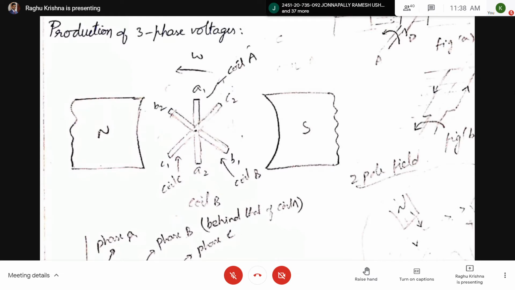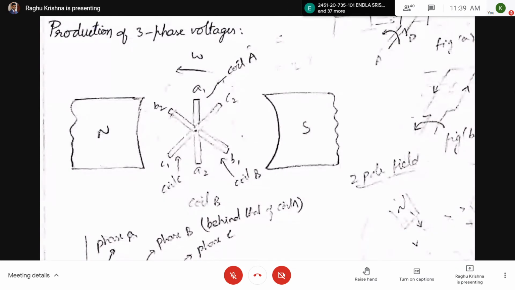For production of three-phase voltages, you require three coils, and the three coils are 120 degrees apart. If you see here, A1, A2 is one coil, B1, B2. See here, A1, A2 vertical, you can see a coil A1, A2.